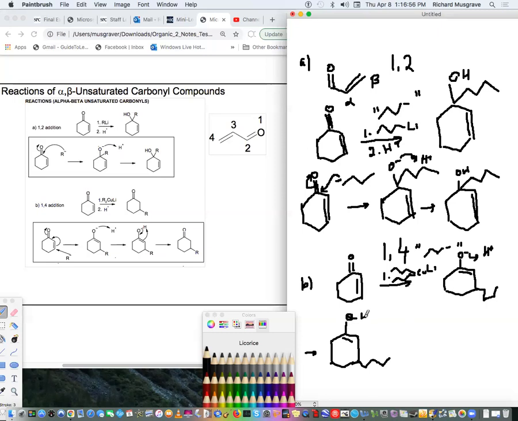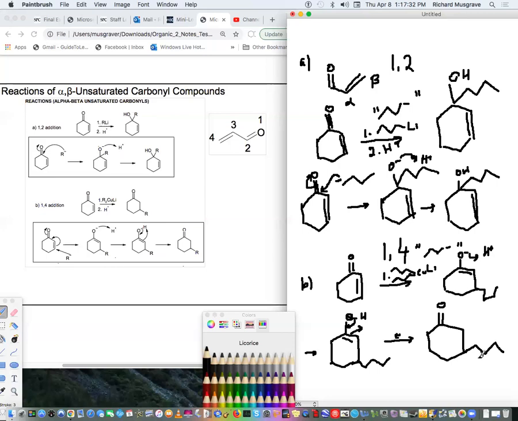Enols are in equilibrium with their ketone counterparts. So there's an equilibrium here. It goes very much in the direction of the ketone when we have an enol. Enols are very unstable. Enol, double bond alcohol, enol, that's where that comes from. And then we get our product here.